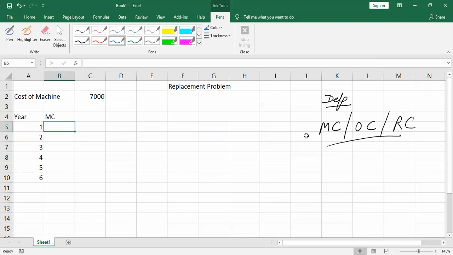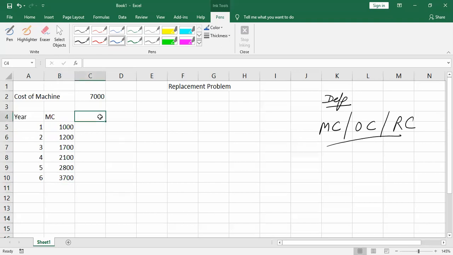The maintenance cost of this machine is 1,000 rupees in the first year, 1,200 rupees in the second year, 1,700 rupees in the third year, 2,100 rupees in the fourth year, 2,800 rupees in the fifth year, and 3,700 rupees in the sixth year. This is the maintenance cost.